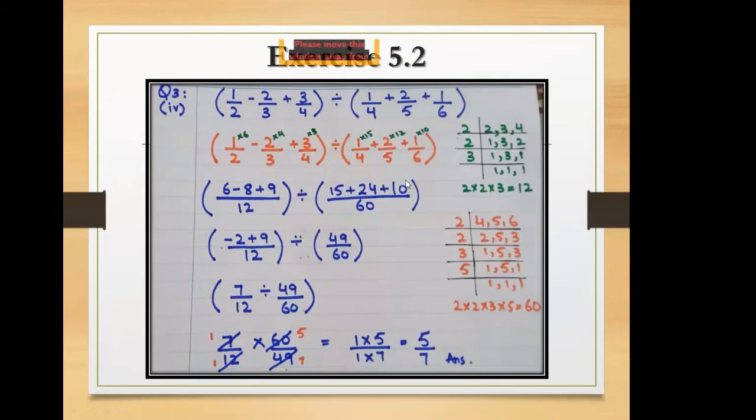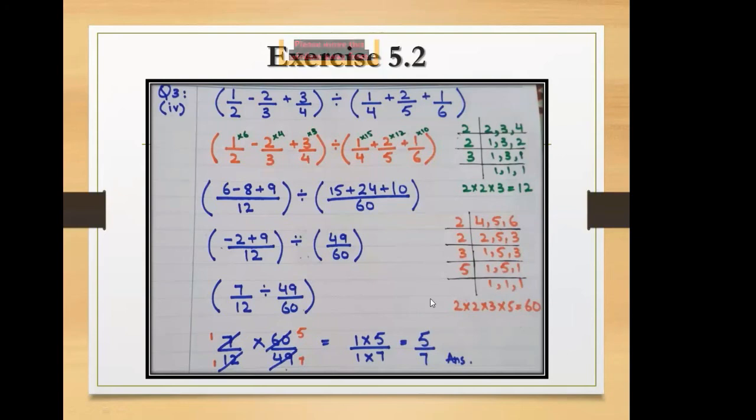Now here all the operations are addition, so it is very simple. Add all the three values together. 15, 24 and 10 becomes 49. Now what is the sign between these fractions? The sign between these fractions is division. So what do we have to do? Convert it into multiplication, and then cancellation is possible.